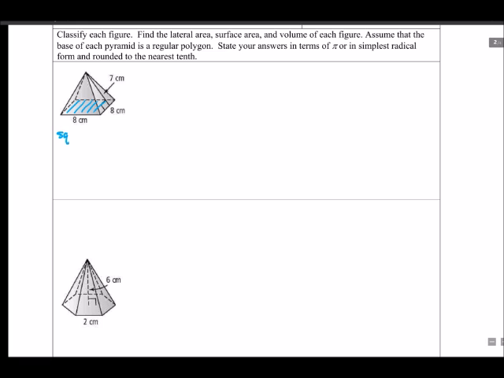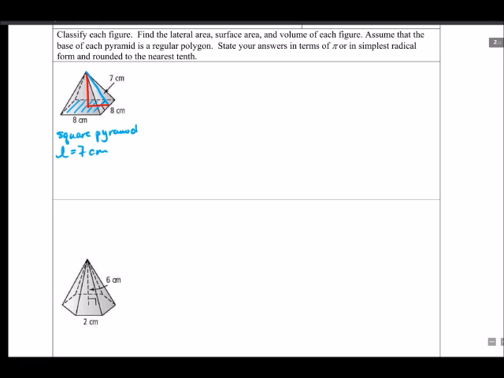So square pyramid. And we know that the slant height is 7 centimeters. That's this right here is the slant height. We don't know the height of the pyramid, but we could find it if we needed to.